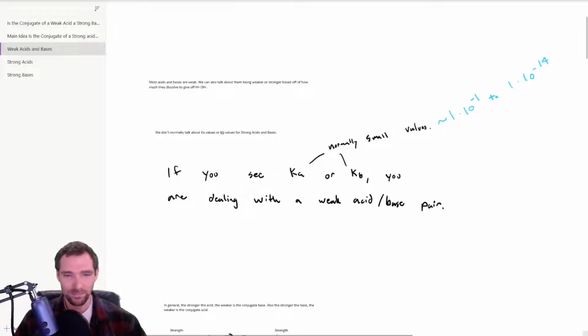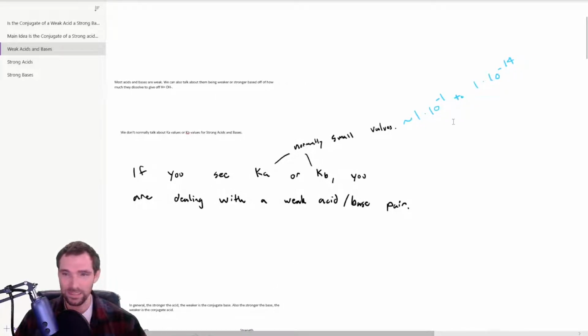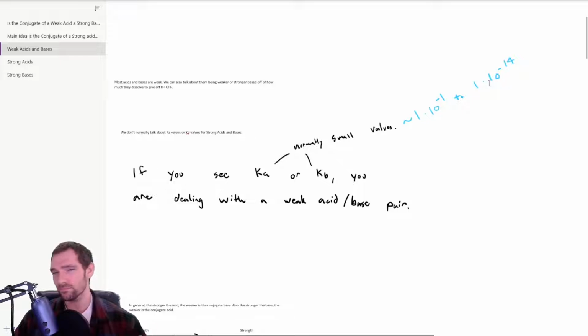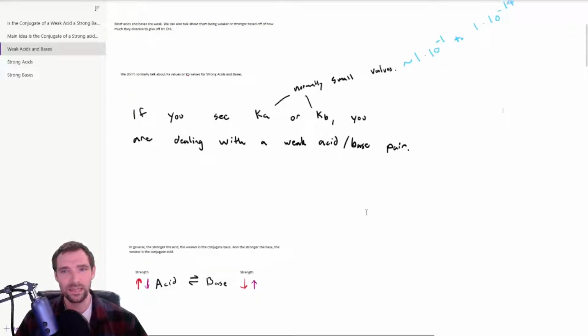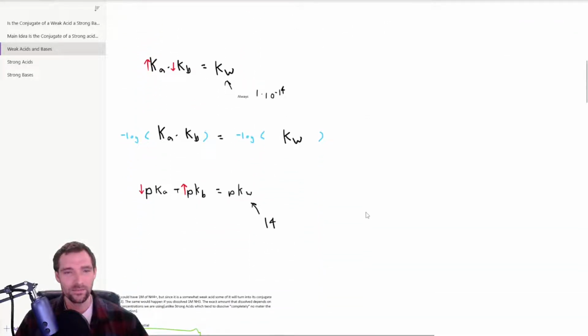Also keep in mind that pKa and pKb for weak acids and bases are normally small values. They are dissociating, but they're weak, so it's not very much. It's typically in the range of 1 times 10 up to the negative 1 to 1 times 10 up to the negative 14 for those K values.